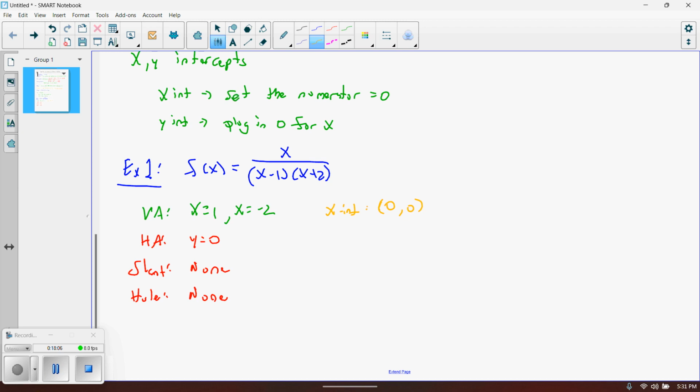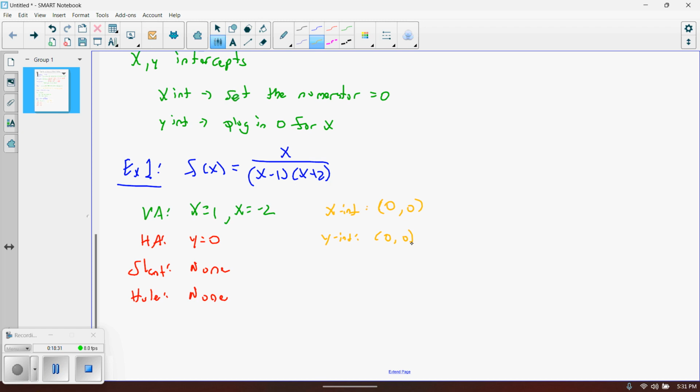The y-intercept is what you get when you plug in 0 for x. Well, that just happens to also be (0, 0). Because if you plug 0 in for x, you get 0 over some number which is not 0, which is 0 as a fraction. So there is your y-intercept. So it looks like this thing hits the origin for both the x and the y-intercept.